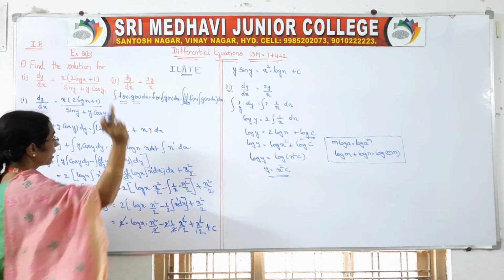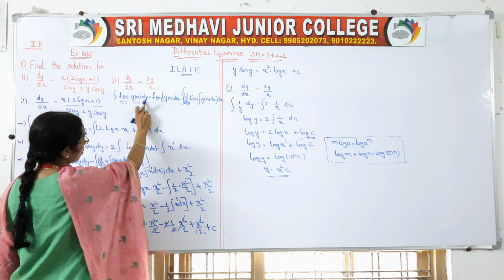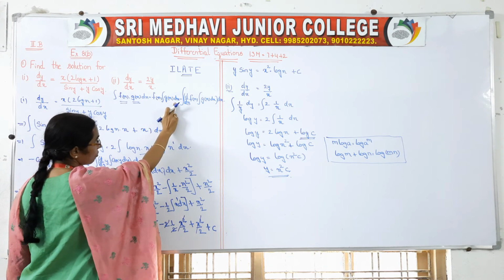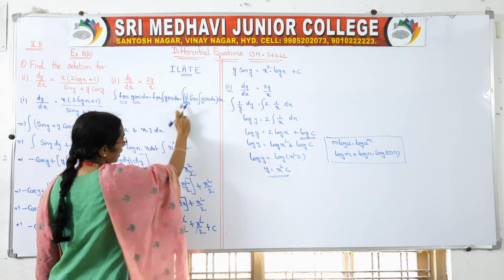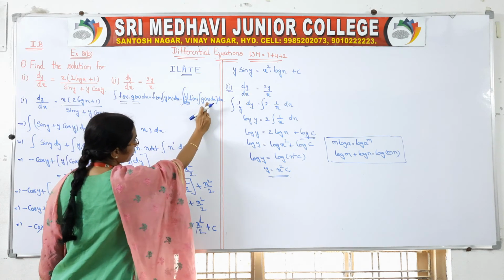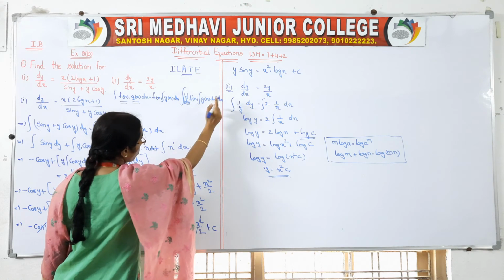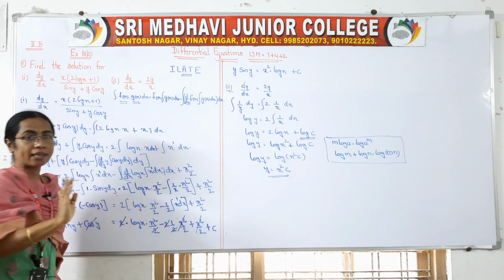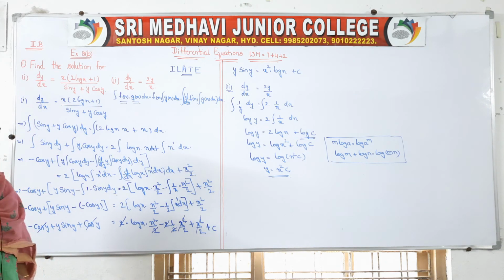Once again, integral f of x into g of x dx is equal to f of x integral g of x dx minus integral of d by dx of f of x integral g of x dx whole dx. This dx is for the whole. That is the formula for product form.